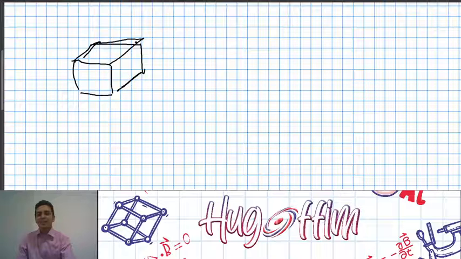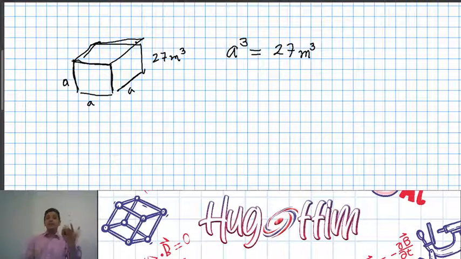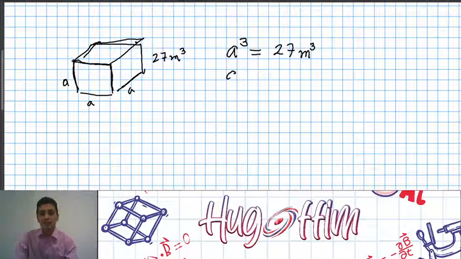And let's say that the cube is going to be 27 cubic meters, and you want to know the edge of the cube. So you will think that it will be a to the third power equals 27 cubic meters, and in this case the operation you need to apply is called the cubic root, because it's finding the number that you raise to the third power to get 27.